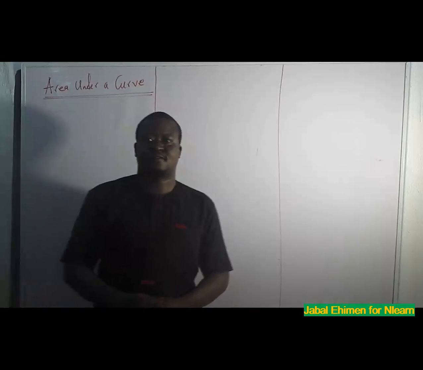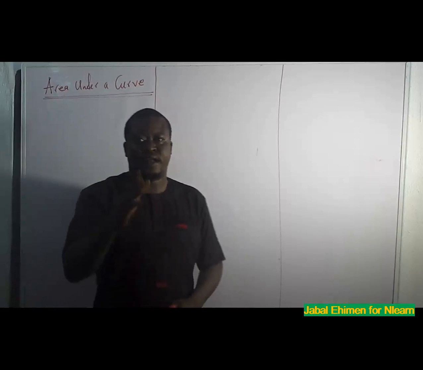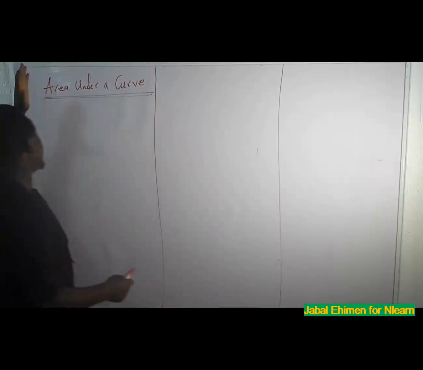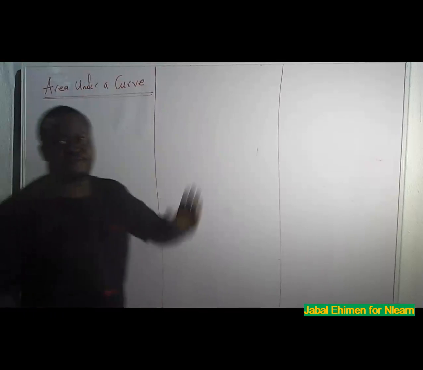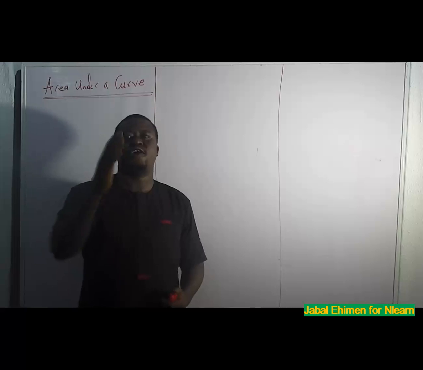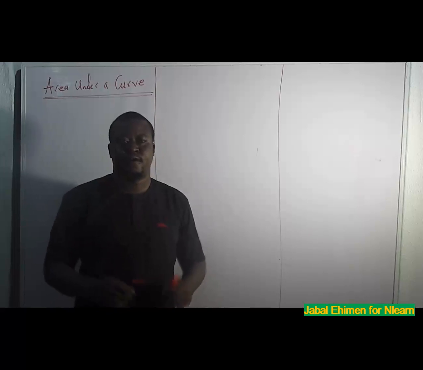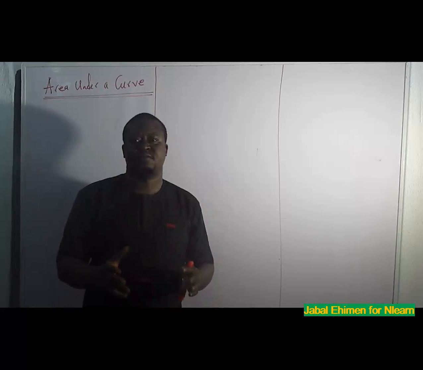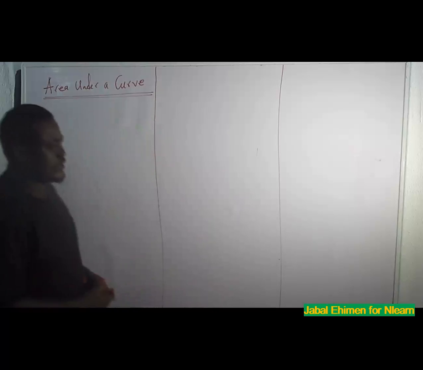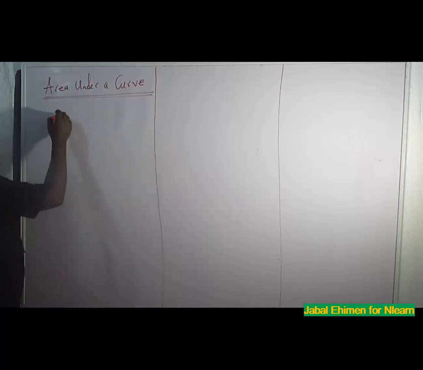Today's class, we want to talk about another topic called area under a curve. For area under a curve, we're going to consider values like you having something of this nature.